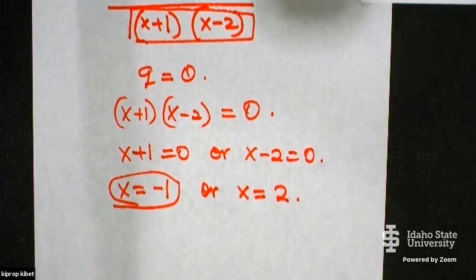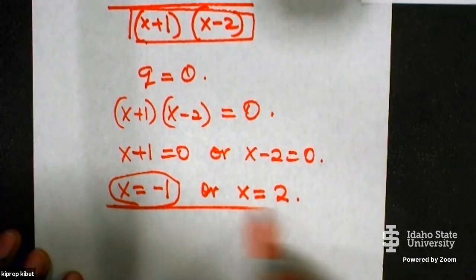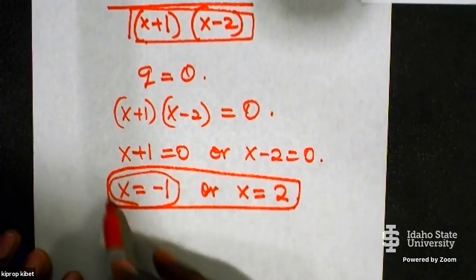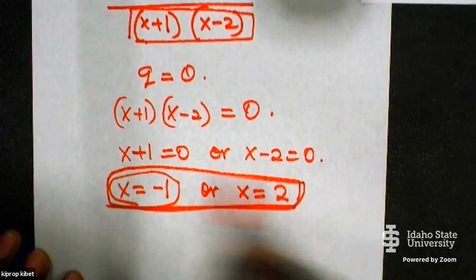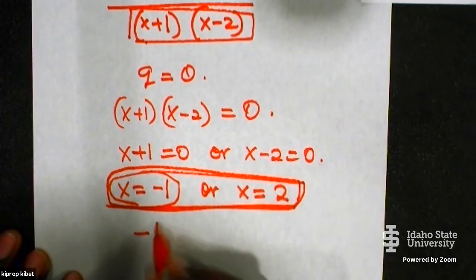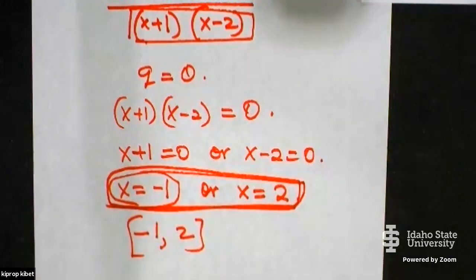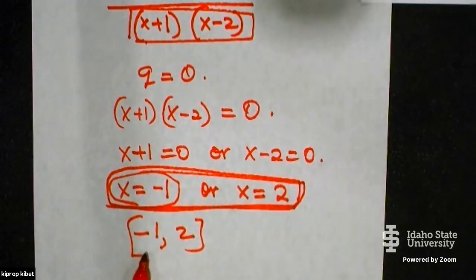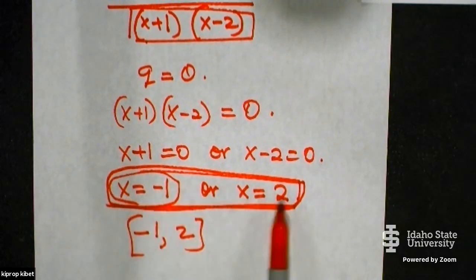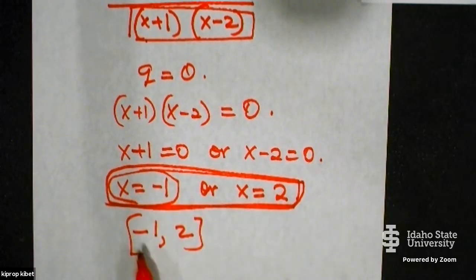So the values which make this expression undefined are -1 and 2. I know when you will be doing your homework, they will ask you to write the answer by putting a comma there. So if you get x to be -1 and 2, you just slot in -1, then comma, 2 there.